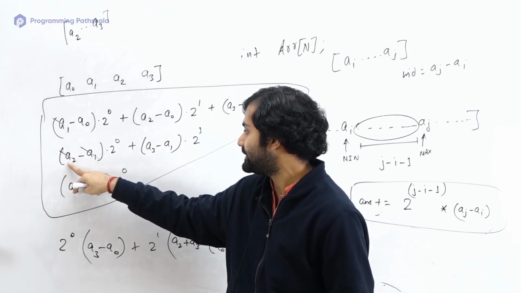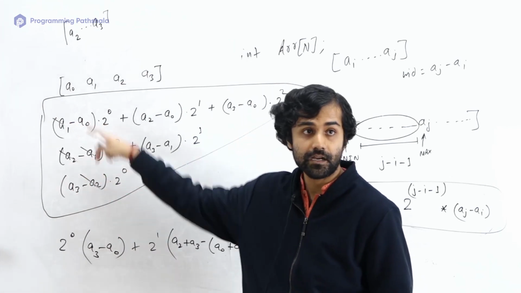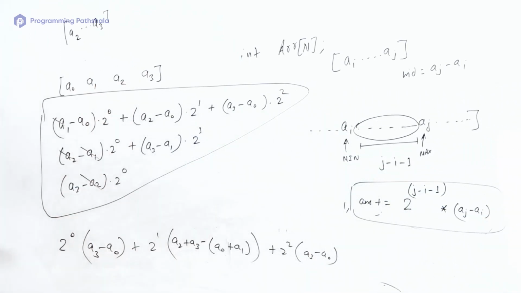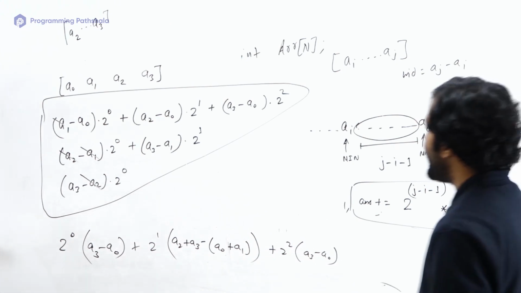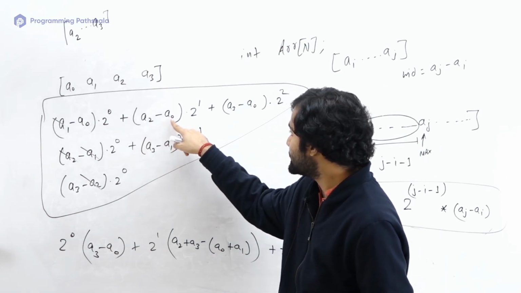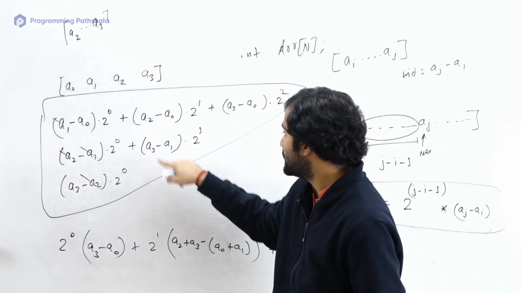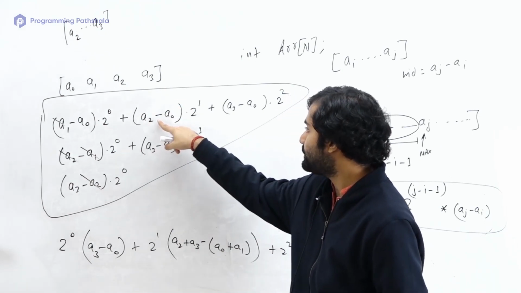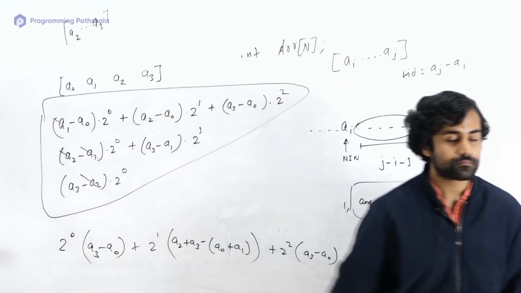Similarly, if you have Ai here, that Ai comes here, that is the reason it got cancelled. Do you understand why the cancellation actually happened in this part? Yes or no? And what is the pattern in the second column? The pattern in the second column is Ai minus Ai-2. See, this is 2 minus 0. This one is 3 minus 1. So the pattern in this column will be Ai minus Ai-2.